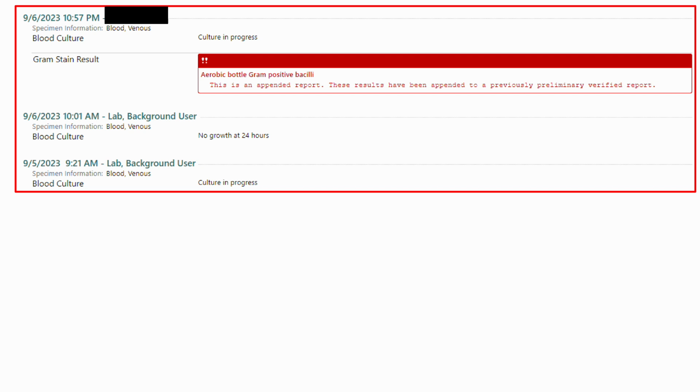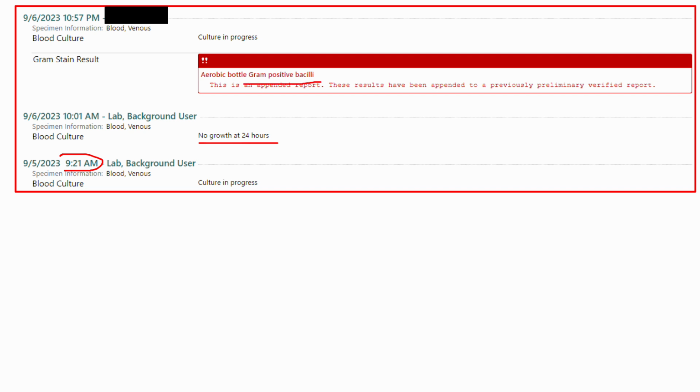So this is just one example in a patient that I had a few weeks ago. As you can see here, this blood culture was taken around 9 a.m. in the morning, and there was no growth after 24 hours. But after that, the results showed growth in the aerobic bottle of gram-positive bacilli.